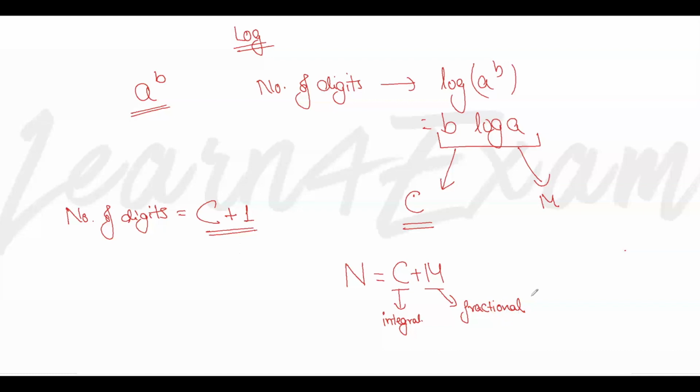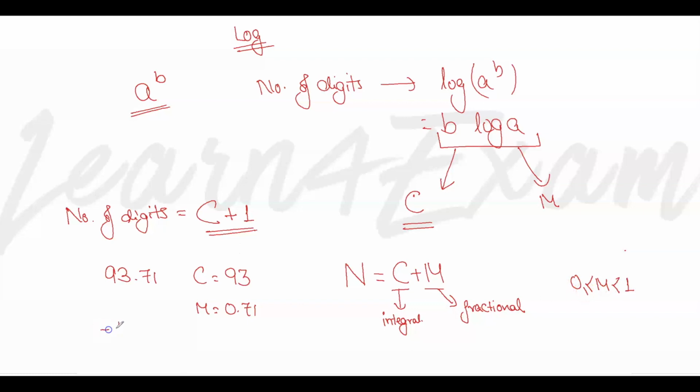So m is the fractional part and c is the integral part. When I'm talking about 93.71, then c would be equal to 93 and m would be equal to 0.71. The very important thing to note here is m always lies between 0 and 1. It can be equal to 0, but it would never be equal to 1. If it's equal to 1, the value would shift to c.